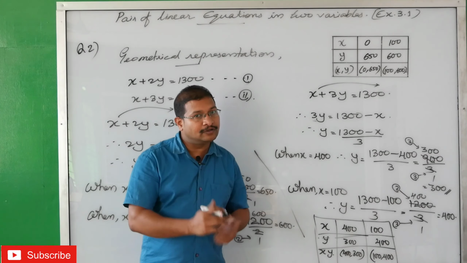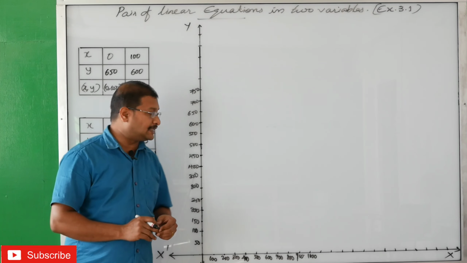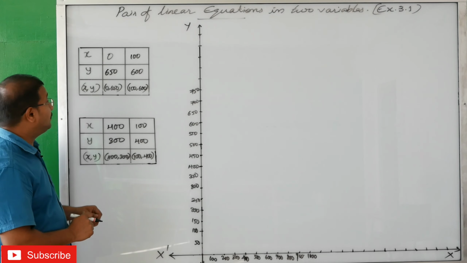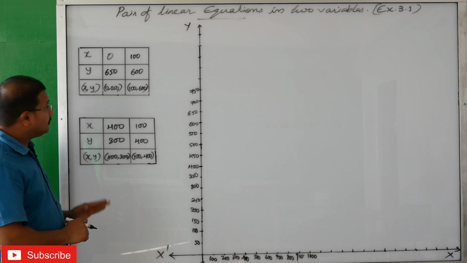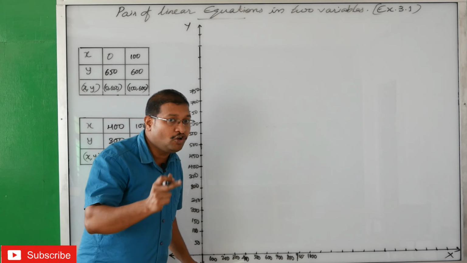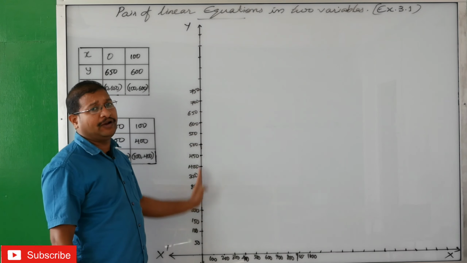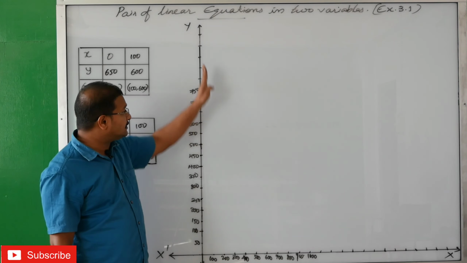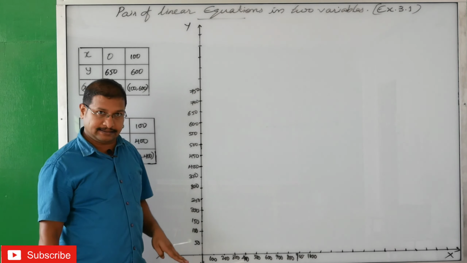Ready? So, now what you will do? We will go for the graphical representation. Let us see the graphical representation. See the first table, 0, 650, 100, 600, isn't it? So, x-axis is the horizontal line and y-axis is the vertical line. Ready?